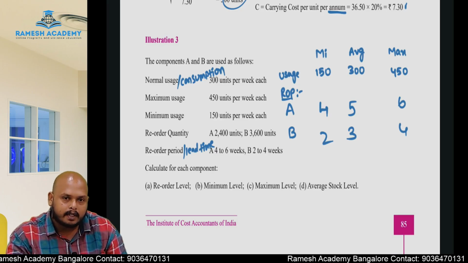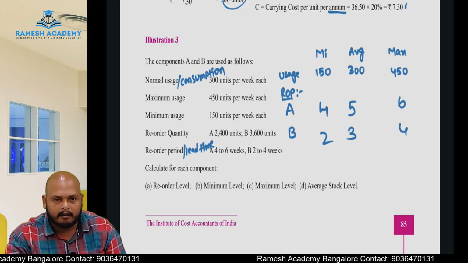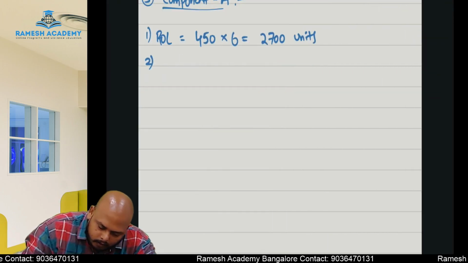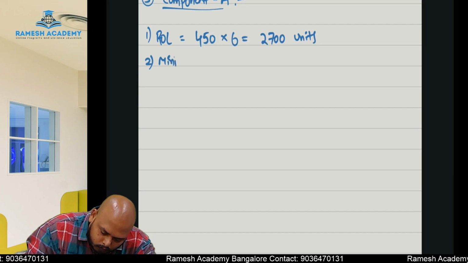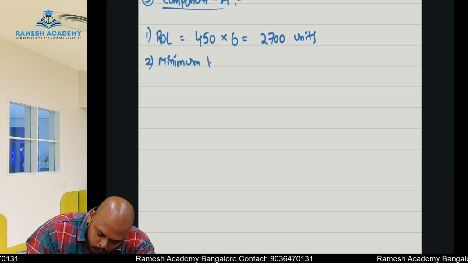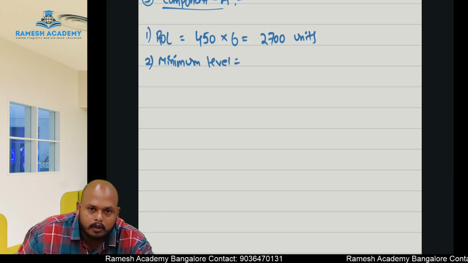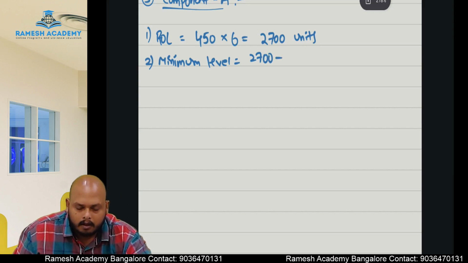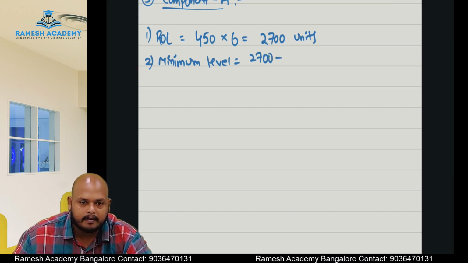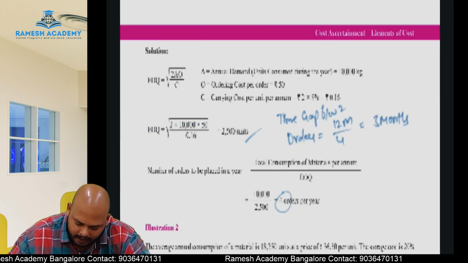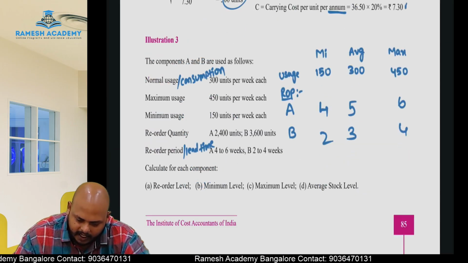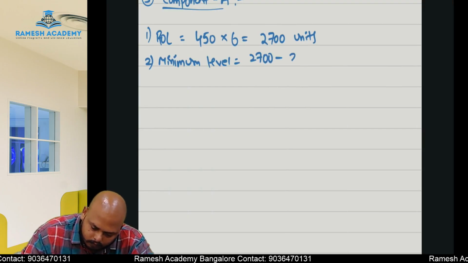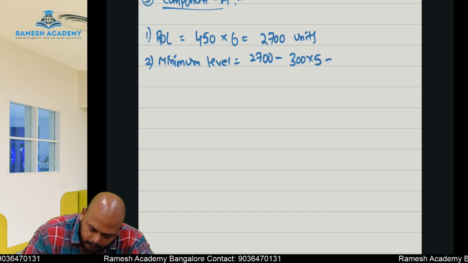What is the average consumption? 300. What is the average lead time? 5. Reorder level we already calculated, so the same we can utilize here. Minimum level is 2700 minus average consumption into average lead time, 300 into 5, 1500.